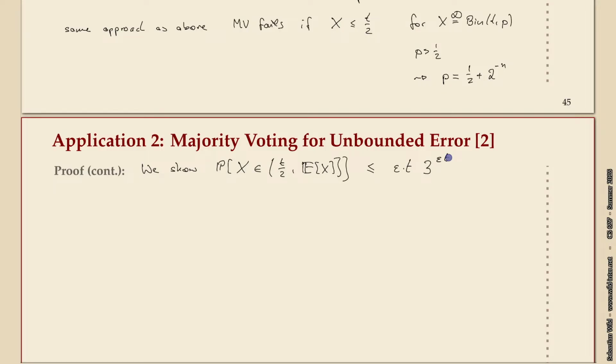So what does that mean? If the number of equal outcomes is a majority, but below the expected value, we shouldn't expect it to be much larger than the expected value. So this is the range where the majority vote succeeds, right?